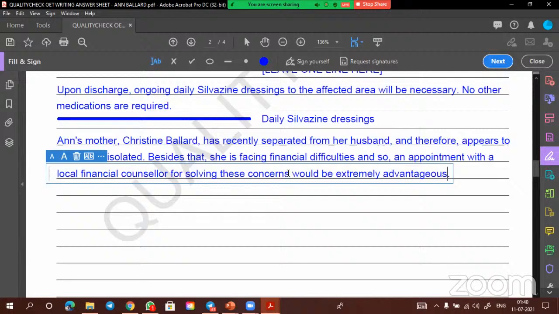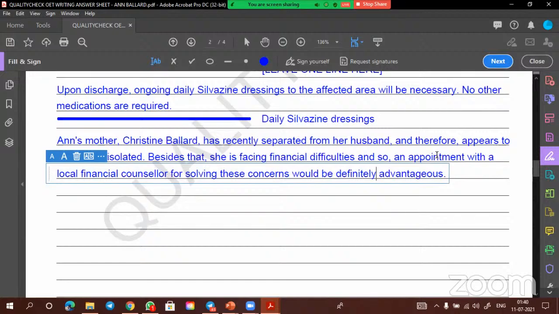Or these concerns is advised, is recommended, is suggested. You can use definitely: would be definitely advantageous. So this is how you can modify.